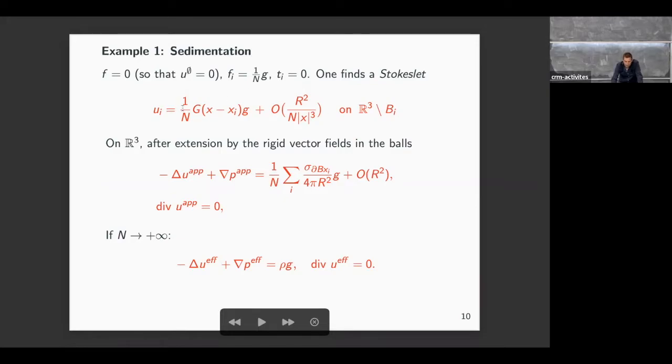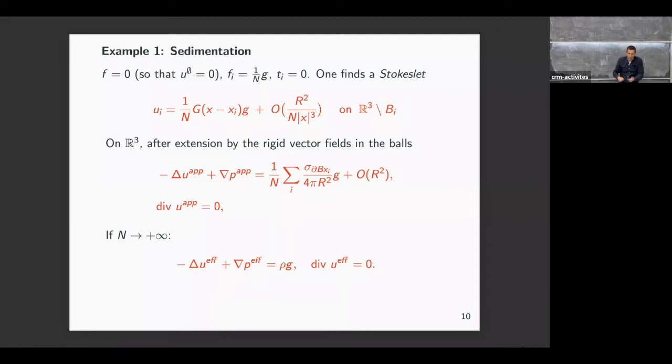Okay, so yeah, you have this guy outside the ball, and inside actually you have a constant. Okay, because I'm not dealing with points here so far. I'm still with balls. Okay, so this is continuous across the ball, but the derivative will not be continuous.